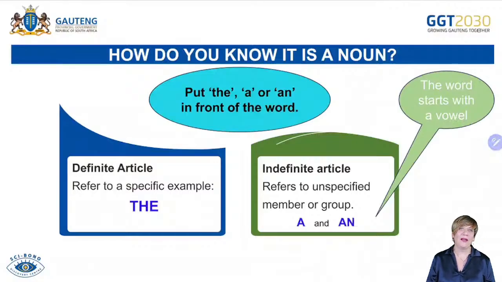And I'm sure you know by now when you should use an. It's when the word following the an starts with a vowel. So these three are your articles. You already went through two parts of speech. Can you see how easy it is? Because they're all interlinked.